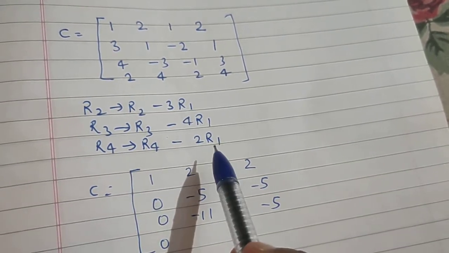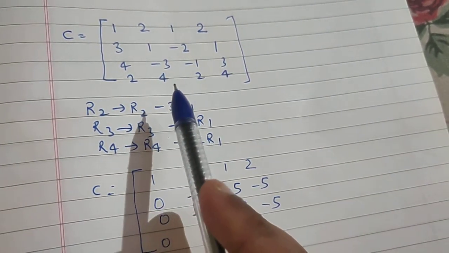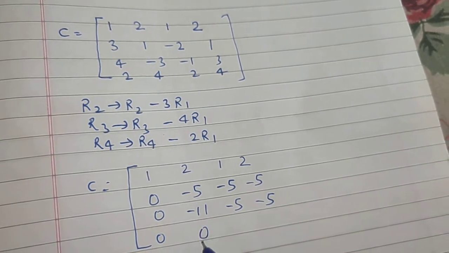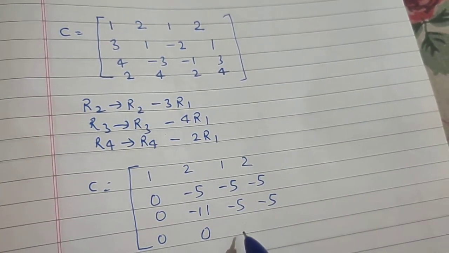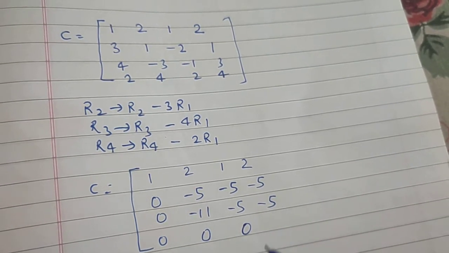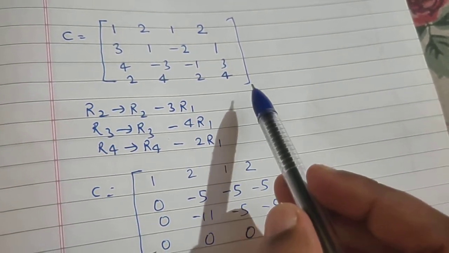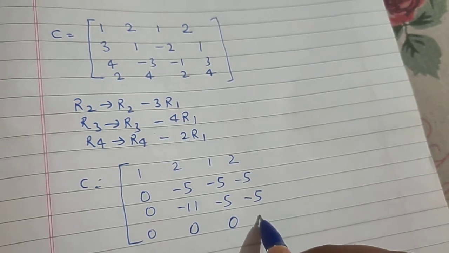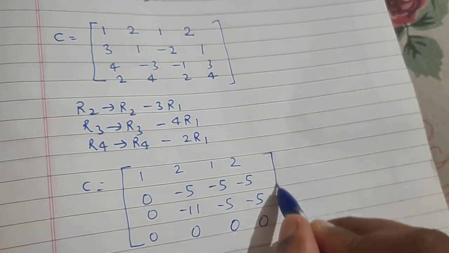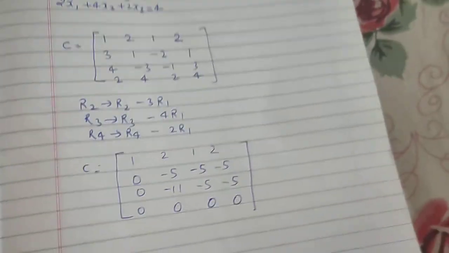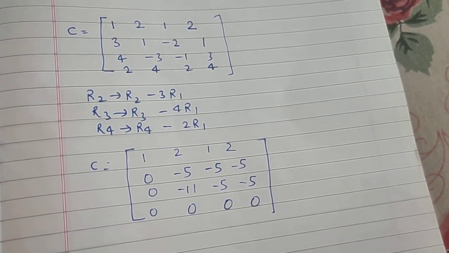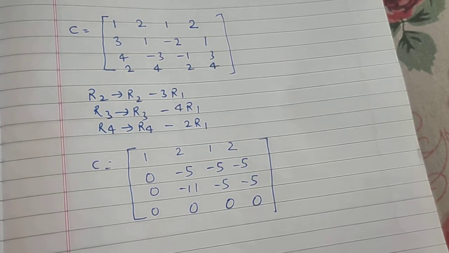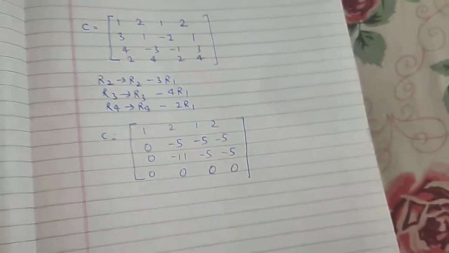Now r4 minus twice r1, so 4 minus 4 will become 0, it's a good thing. 2 minus 2, that will become 0, it's a very good thing. Now 4 minus 2 is 0. So you can't have a better condition than this. You used just one operation and you have got one row completely 0.